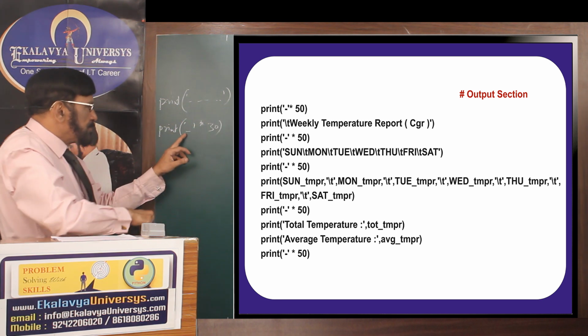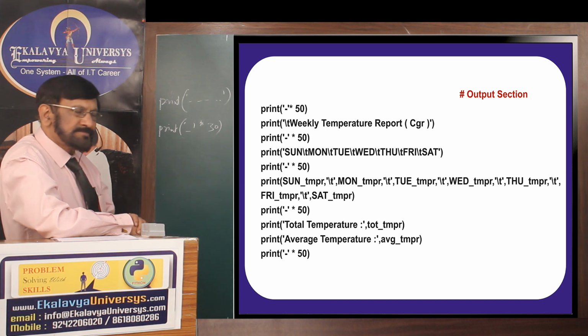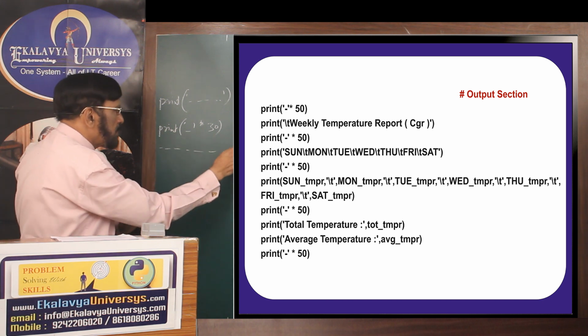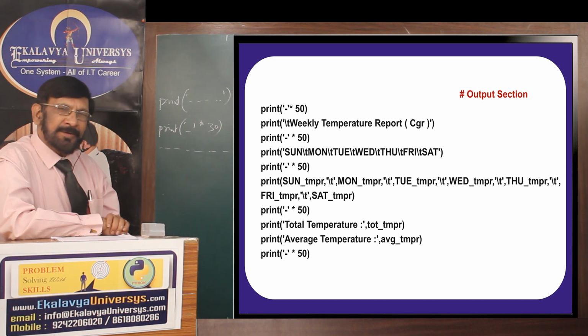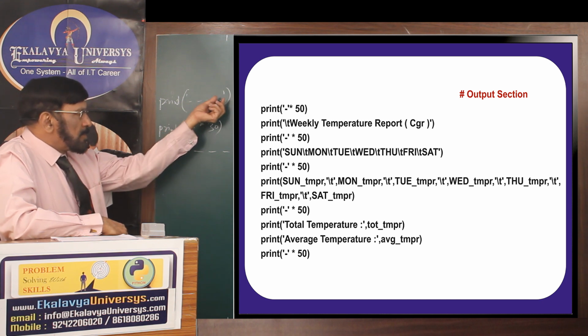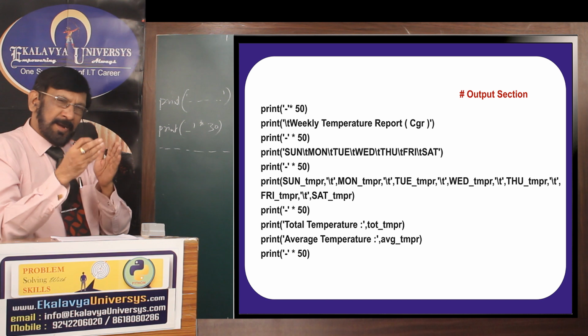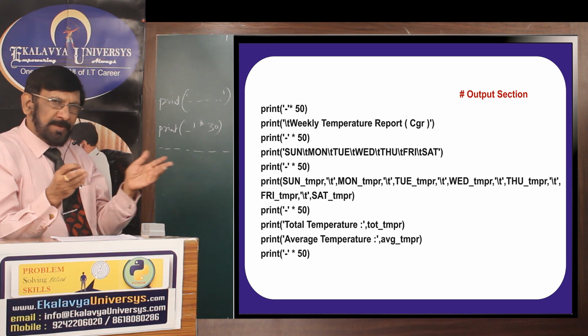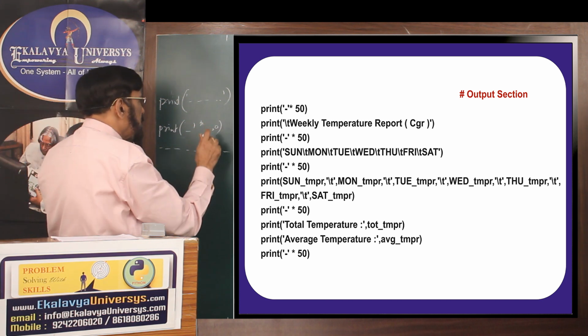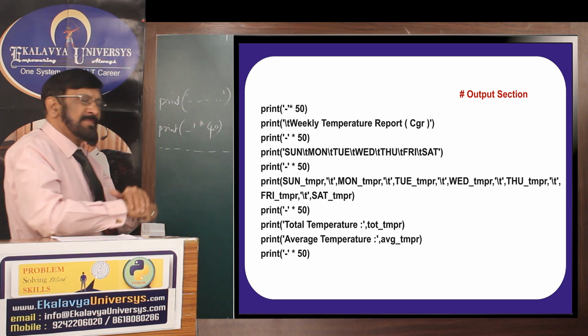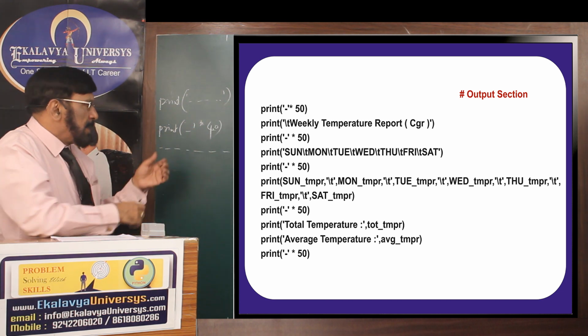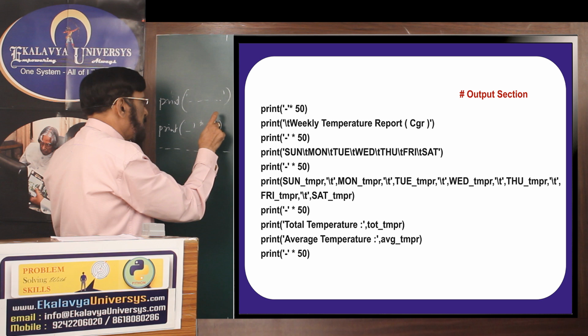You want 30 dash symbols, then 1, 2, 3, 4, 5, like this 30 dash symbols are printed. You need not count and type all the 30 symbols. Suppose 30 symbols are less and it does not match the output, then you make it 40. If 40 is too many, then you make it 35.